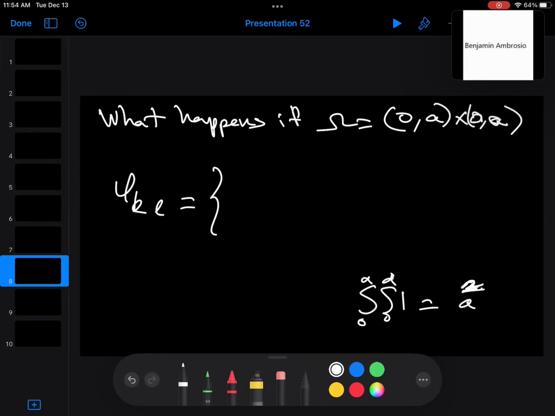So for the first eigenfunction, if you want that to be 1, you need to take a normalization.